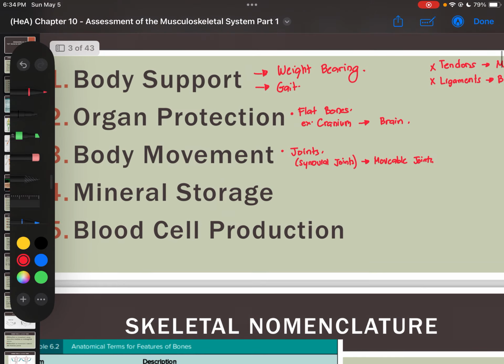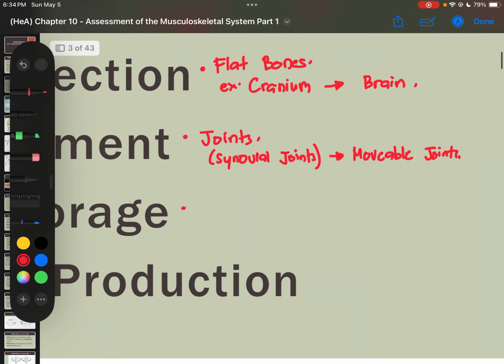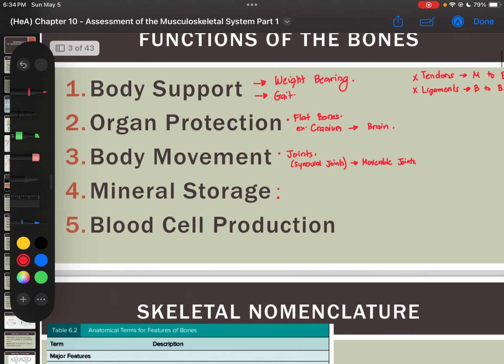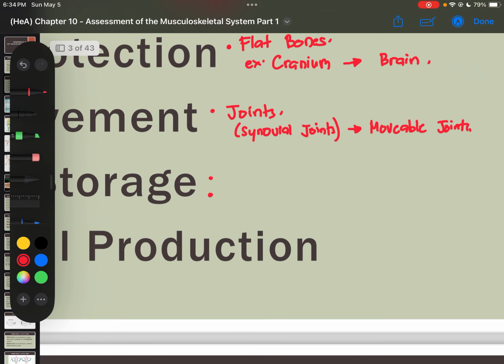Next is mineral storage. The bones store two principal minerals. The first is calcium, and the next is phosphorus.